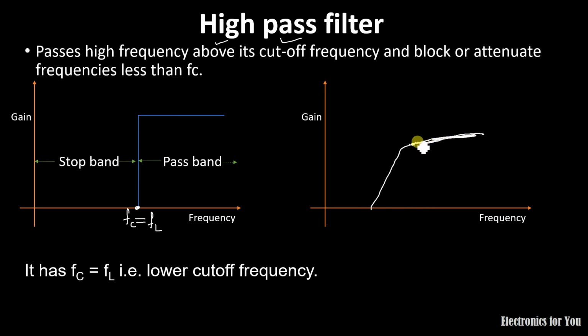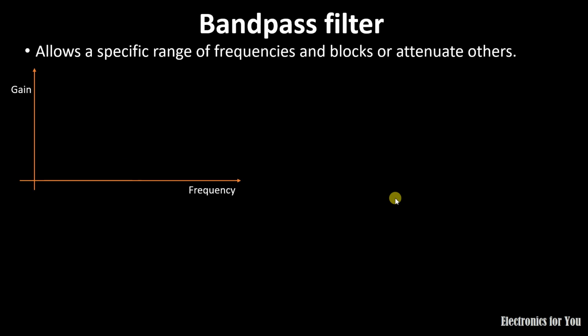So this is the range which is allowed, and previously it was blocked. So it is your FL, it was the stop band because it is blocked here, and this is the pass band. So in this way we can draw the practical frequency response curve for the high pass filter.